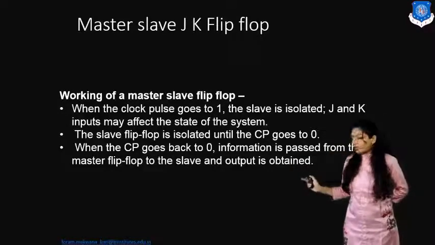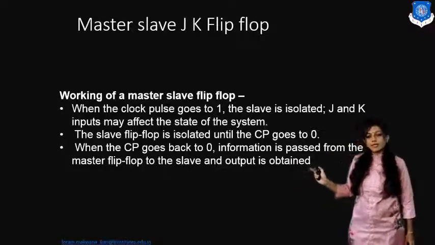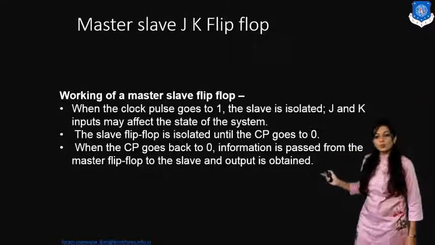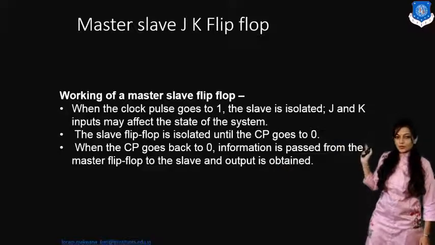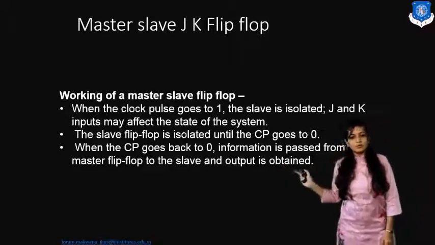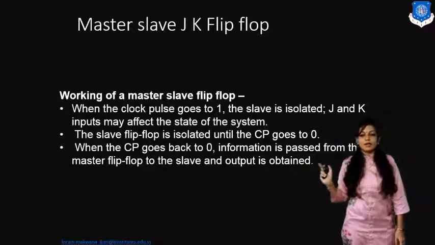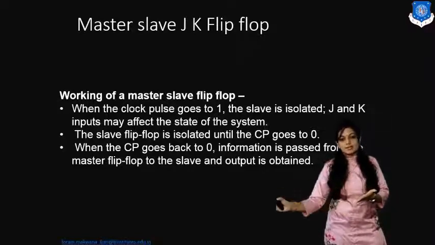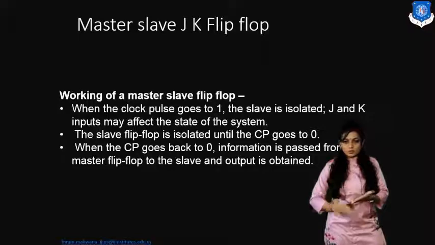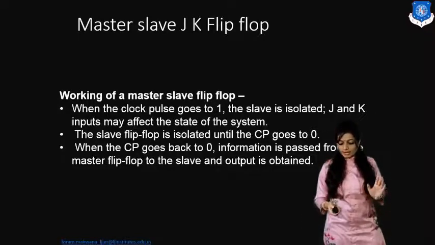Alright. So when the clock is back to 0, the information is passed from the master flip-flop to the slave, and we will get the output. So if clock is equal to 1, master is activated. Clock is equal to 0, slave is activated.